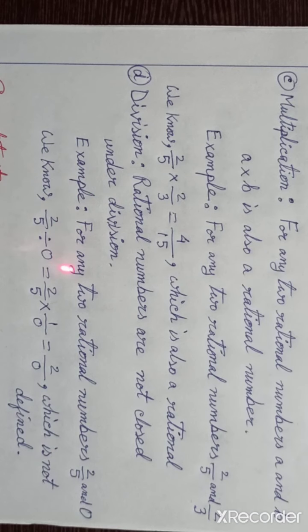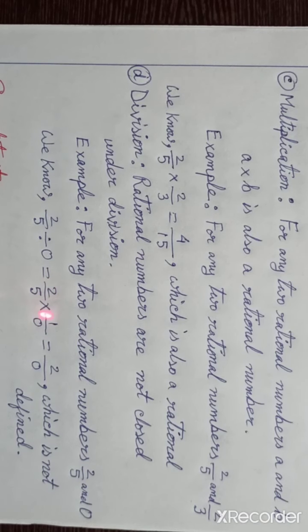Example, for any two rational numbers 2 by 5 and 0, 2 by 5 divided by 0. If the divide is changed into multiply, then the 0 in the denominator becomes 1 and 0 interchanged, so the number becomes 1 by 0.